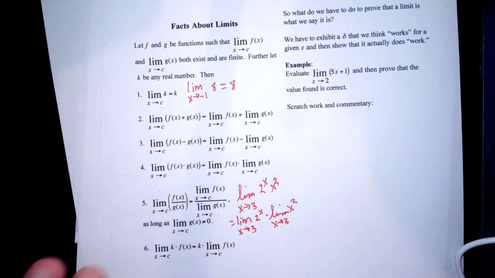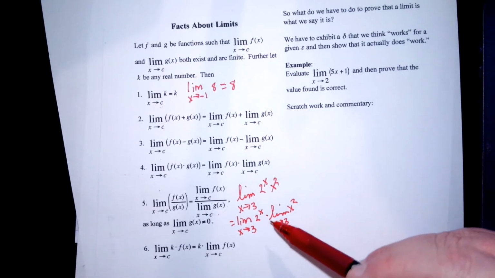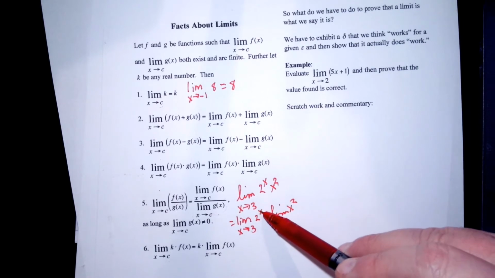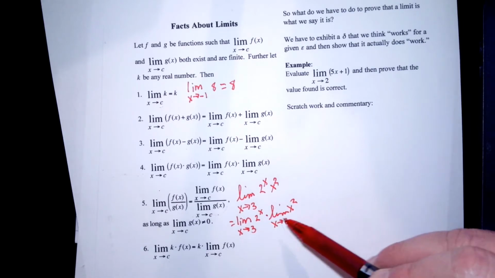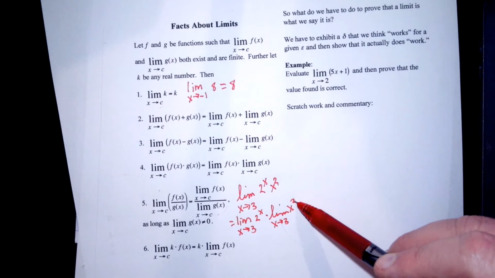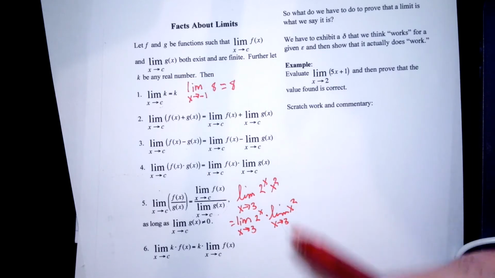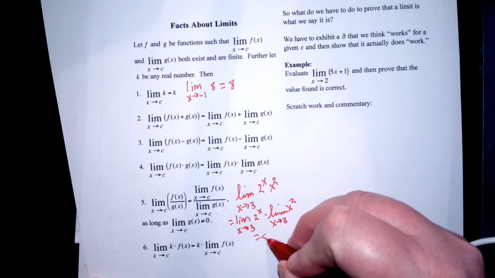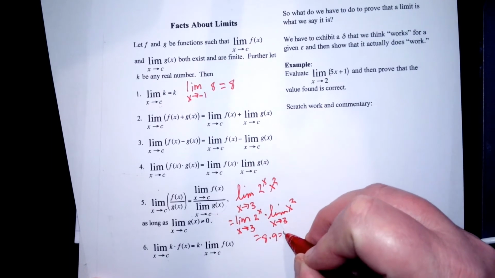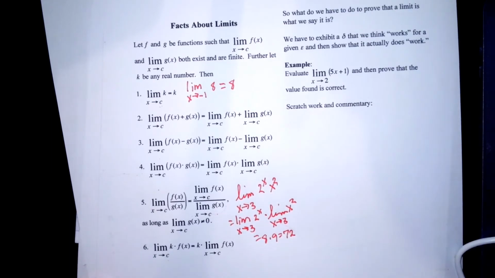Or you could also do this mentally. You don't have to write out all the details. But as x tends to 3, 2 to the x is tending to 8. 2 to the third is 8. And then x squared is tending to 9. And so the answer is 72.